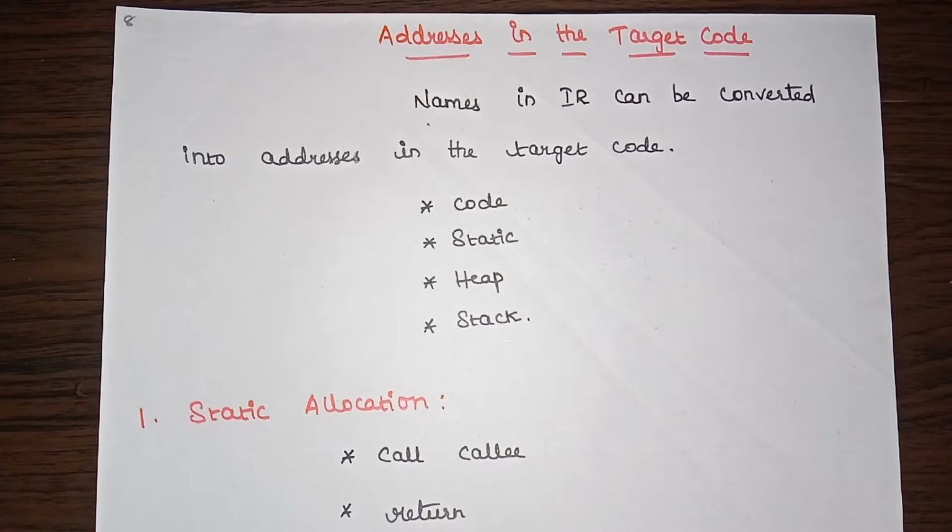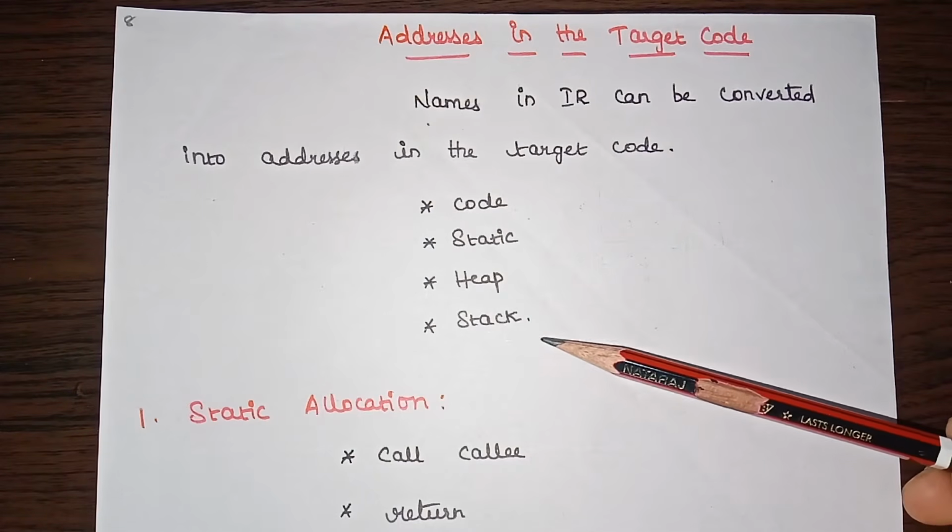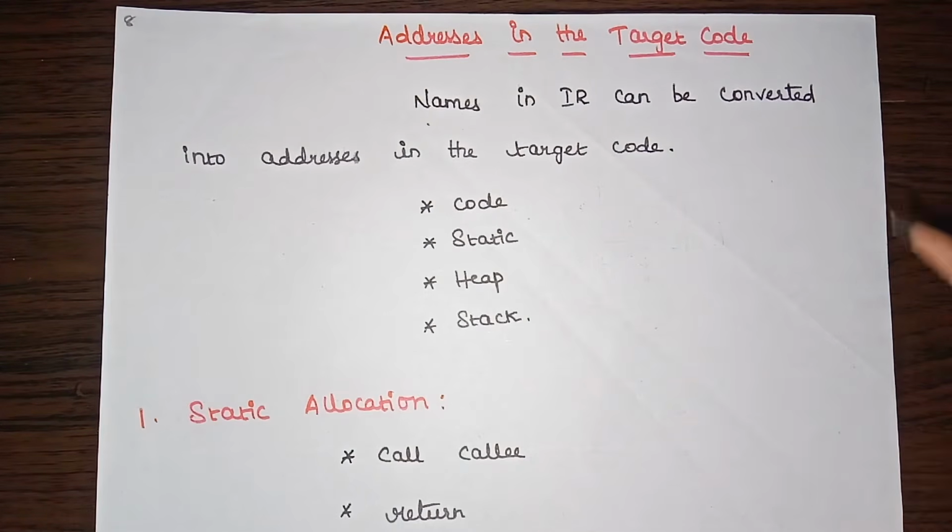So whenever a procedure call is created, the activation record gets generated, and whenever the procedure call is destroyed, the activation record will also get removed, that is popped out from the stack. So based on those procedure calls and returns, we are using the stack area for holding those activation records.